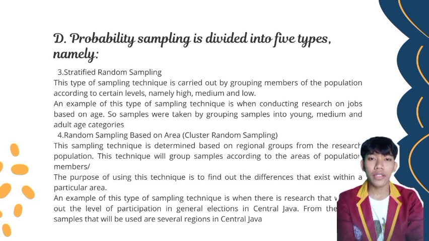An example of this type of sampling technique is research that will find out the level of participation in the general election in Central Java. From there, the samples that will be used are several regions in Central Java.